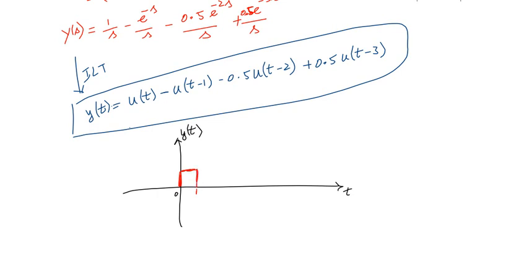And we won't have any signal there because this unit step will start only at 2, and this unit step will start only at 3. Once it starts at 2, what is the amplitude? It is minus 0.5. At time 2, we have minus 0.5.